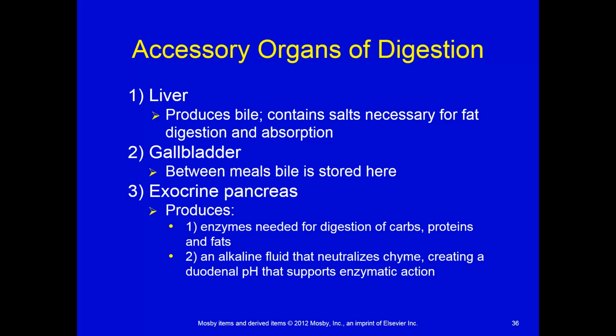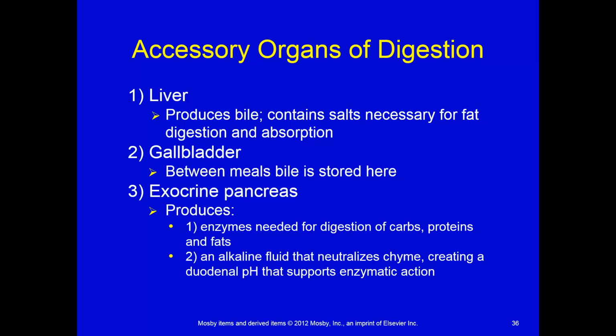The gallbladder basically is just the storage device. It's just the reservoir that holds that bile until it gets dumped into the duodenum. And then the pancreas produces enzymes needed for digestion of specific things like carbohydrates, proteins, and fats. It also produces an alkaline fluid that neutralizes some of the chyme that comes from the stomach.